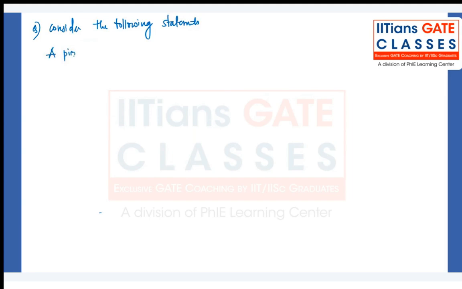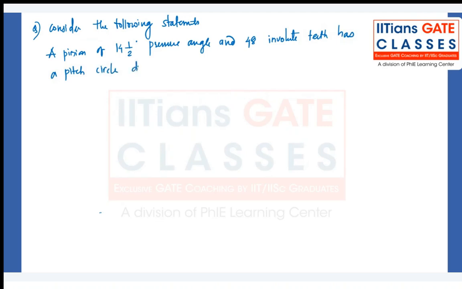A pinion of 14.5 degrees pressure angle and 48 involute teeth has a pitch circle diameter of 28.8 centimeter.